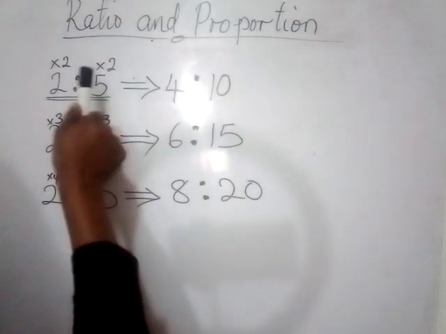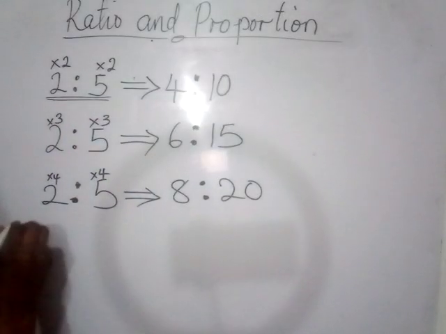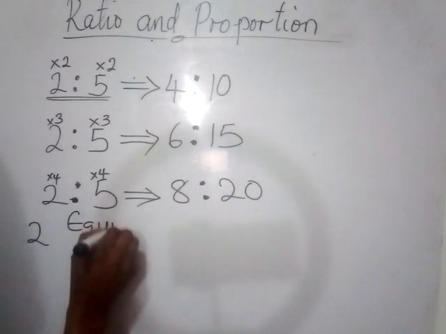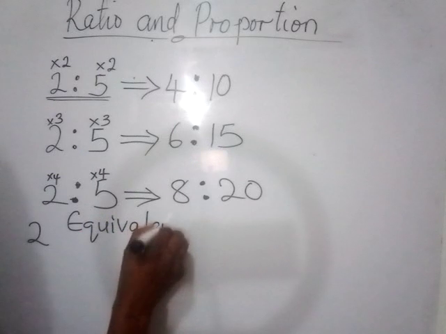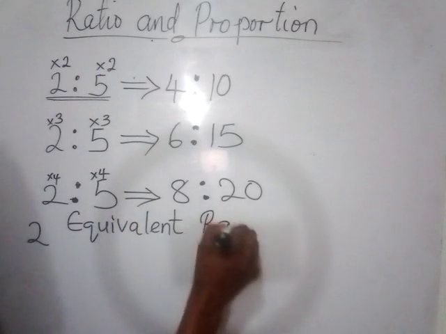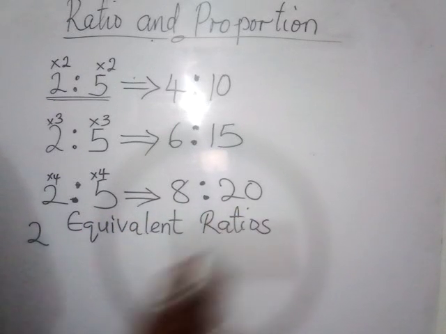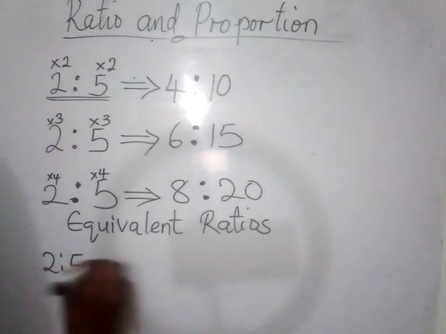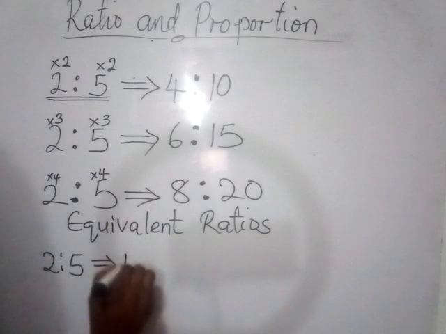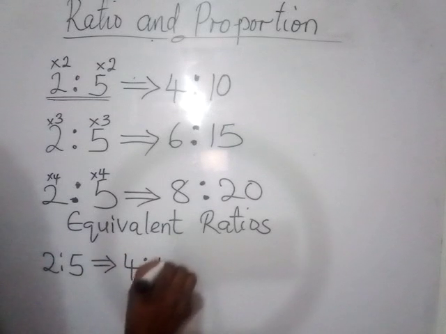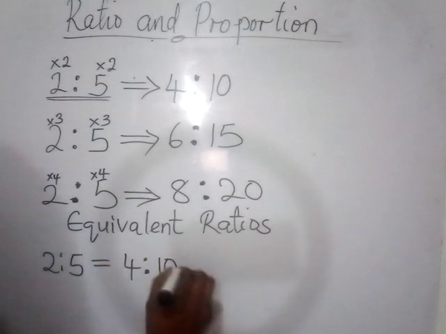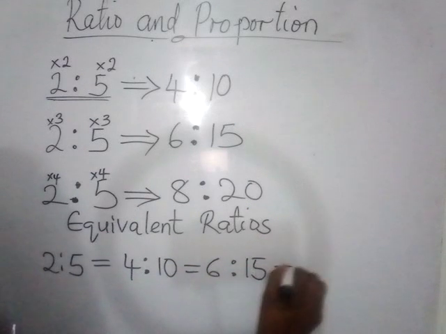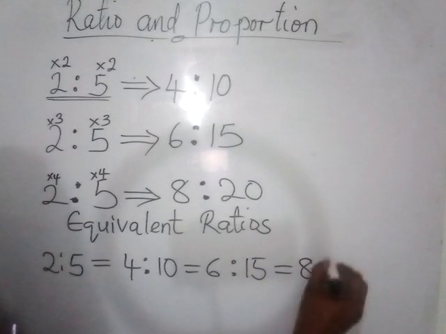So all these ratios, let me list them out. Let me write them. So you have this ratio 2 to 5 is equal to 4 to 10, and it's equal to 6 to 15, and it's equal to 8 to 20.